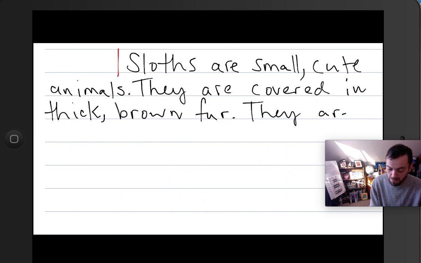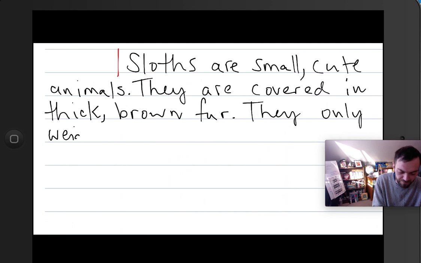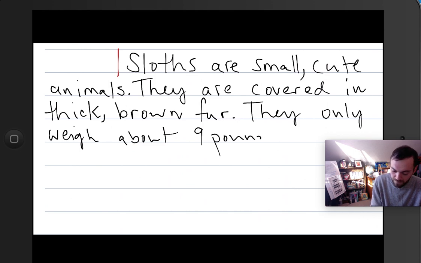They only weigh about 9 pounds. And they are 2 feet long. Super cute.